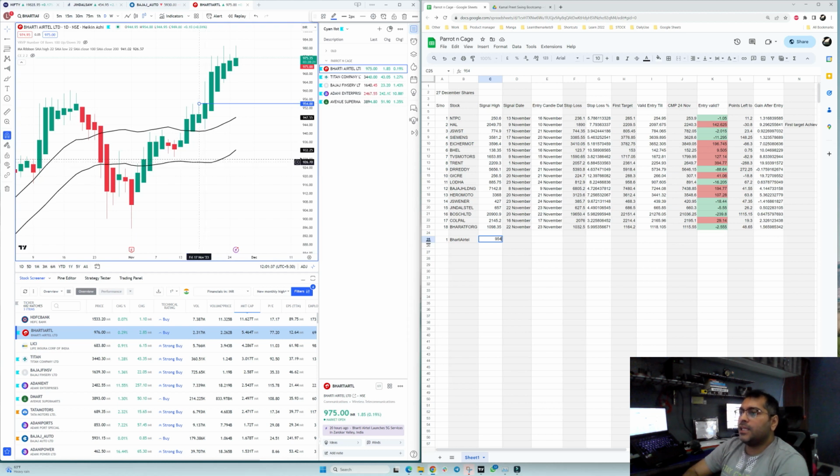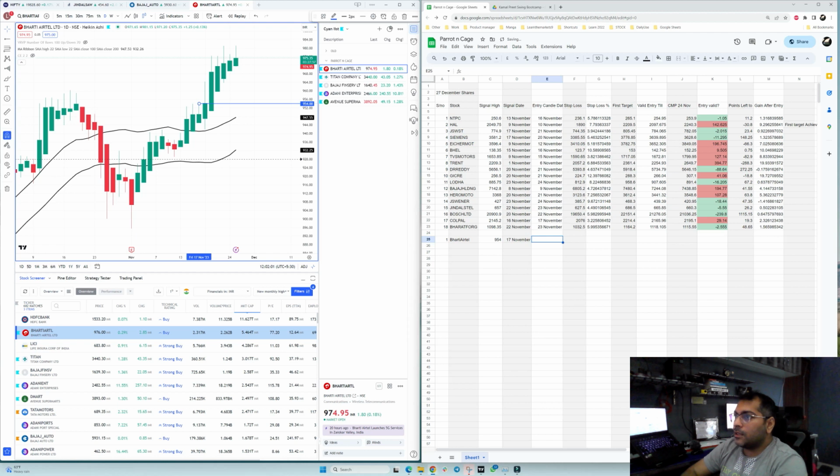Now the strategy says the next candle where the price crosses the signal high, we should take an entry. So this is considered as our entry. In the second column, what I have done is I have marked the dates where the signal candle appeared.